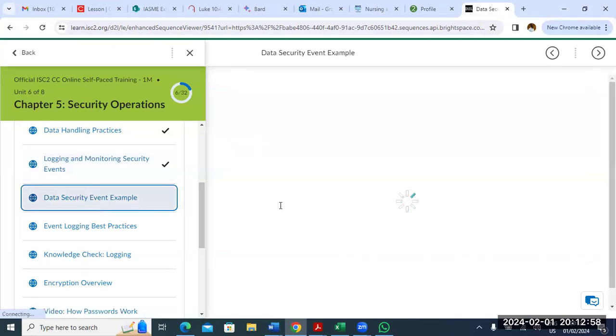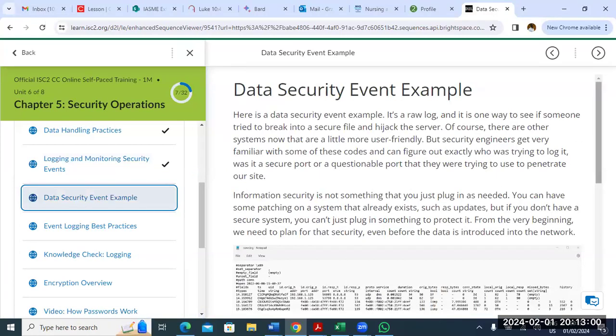Then a data security event example. Here is a data security event example. It's a raw log. It is one way to see if someone tried to break into a secure file and hijack the server. Of course, there are other systems now that are a little more user-friendly, but security engineers get very familiar with some of these codes and can figure out exactly who was trying to log in.